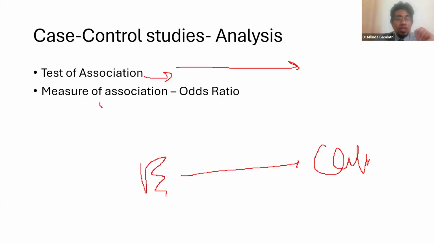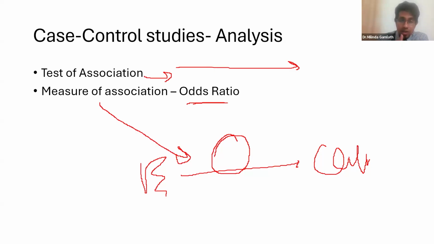Then you have to do measures of association as well, which is to find out the numerical value, or how much the exposure causes the outcome to go up or down, right? So those are called measures of association. For case control studies, the measure of association is the odds ratio. For cohort studies, it was relative risk, right? So that is an important thing to note. We will look into these later.